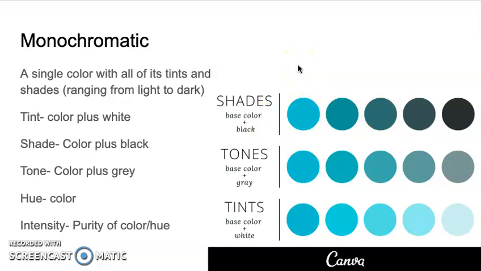We use it in the case of mixing it with complements, of diluting it with other colors, of diluting it with white, right? Or with black or with a tone. We want the purity to be discussed when we're talking about intensity.